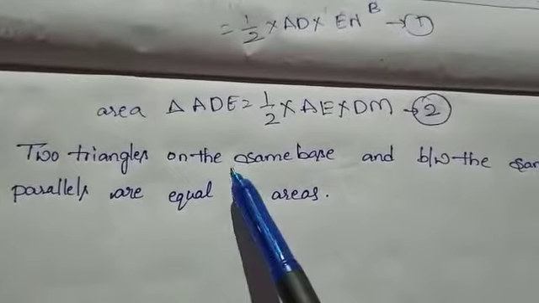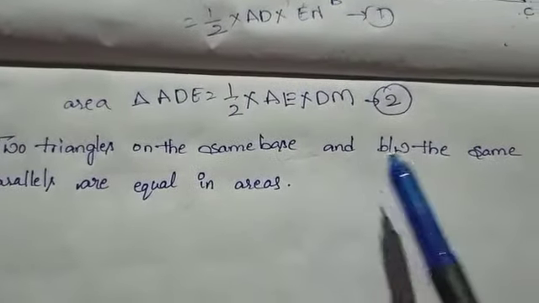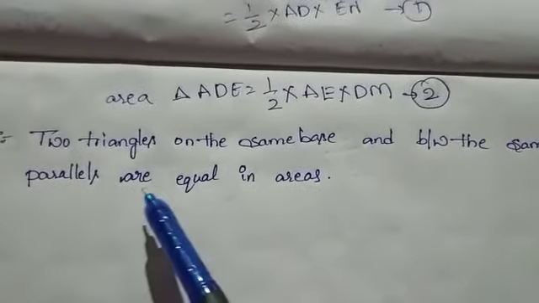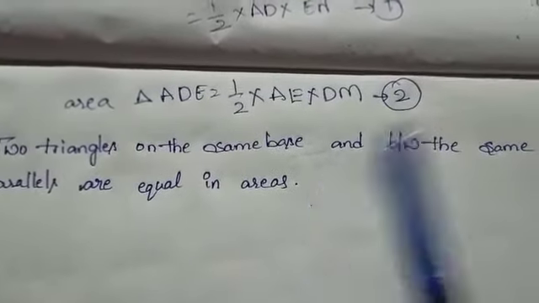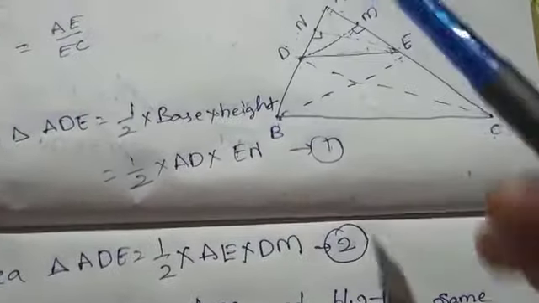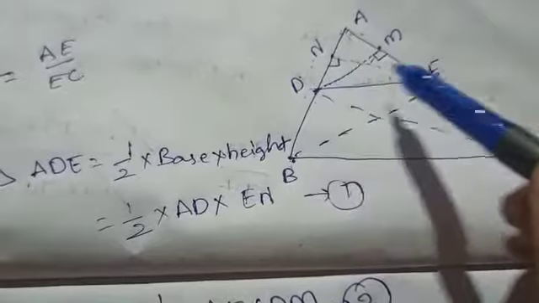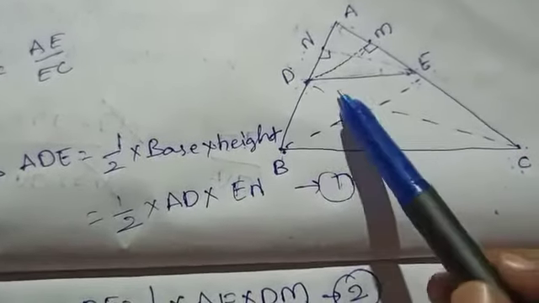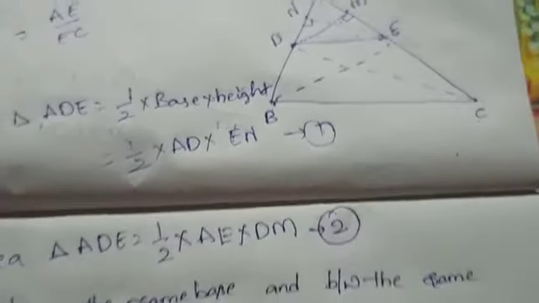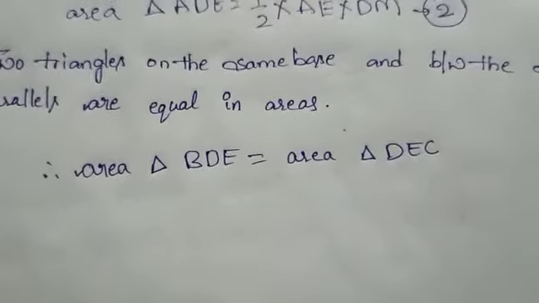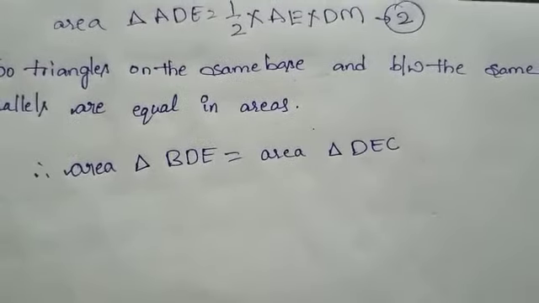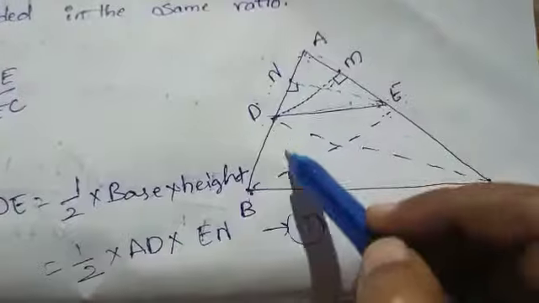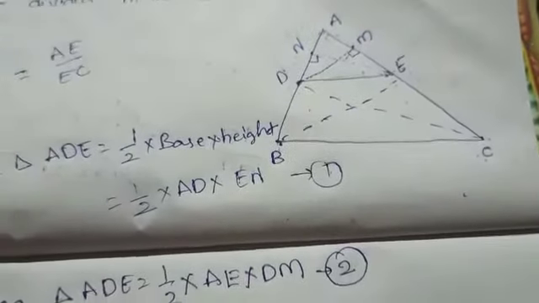Okay, see note. Two triangles on the same base and between the same parallels are equal in areas. It means area of the triangle BDE equal to area of the triangle DEC. Okay. These two triangles' areas are equal.